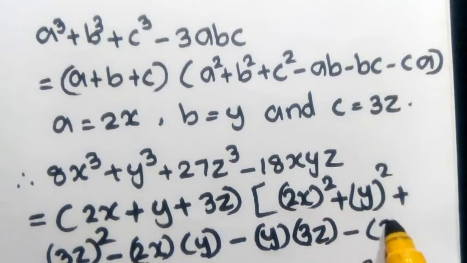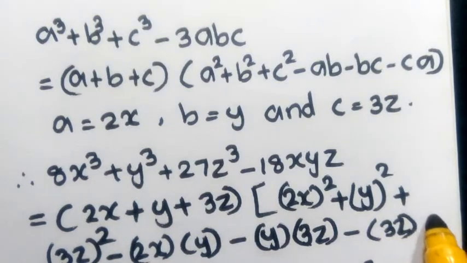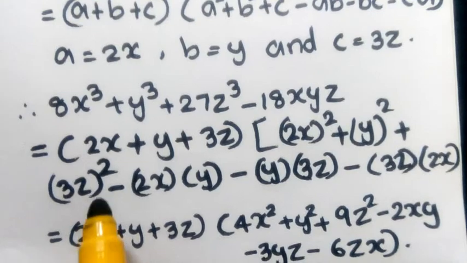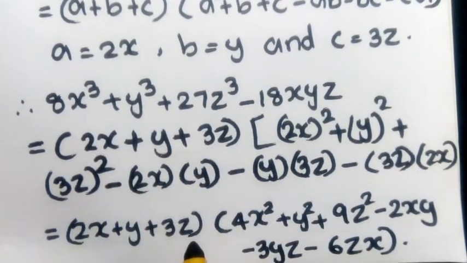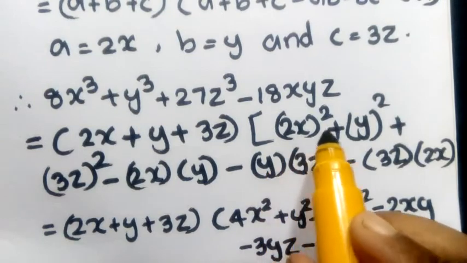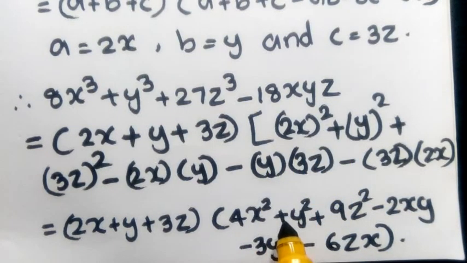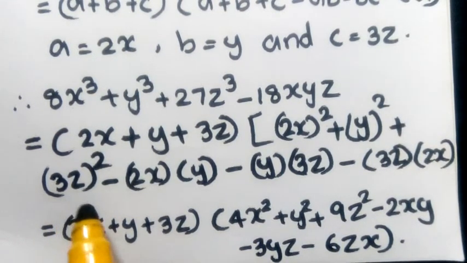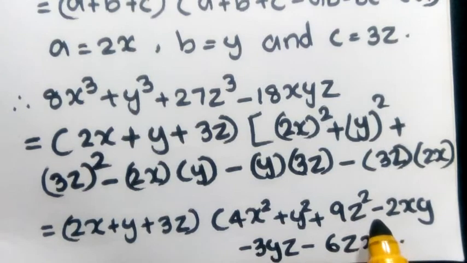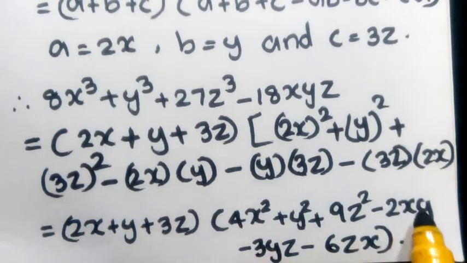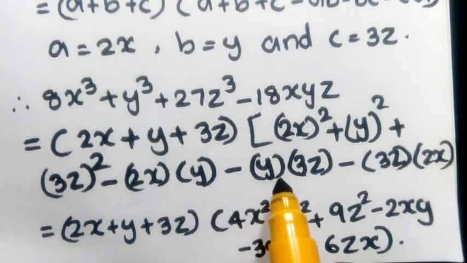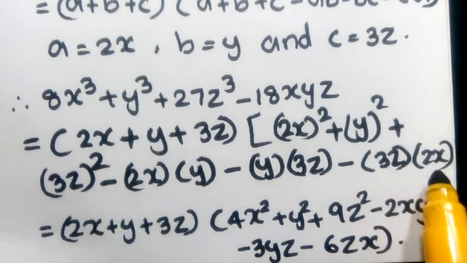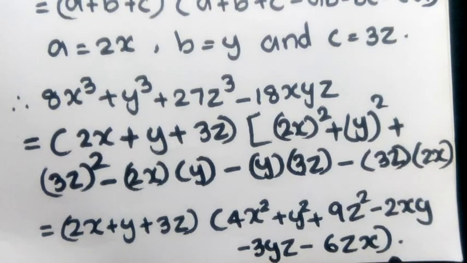C is 3z into a is 2x, which is equal to 2x plus y plus 3z into 2x whole square is 4x square plus y whole square is y square plus 3z whole square is 9z square minus 2 into x into y is 2xy minus y into 3z is minus 3yz minus 3z into 2x is minus 6zx.